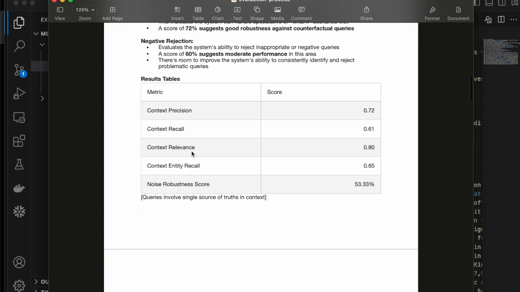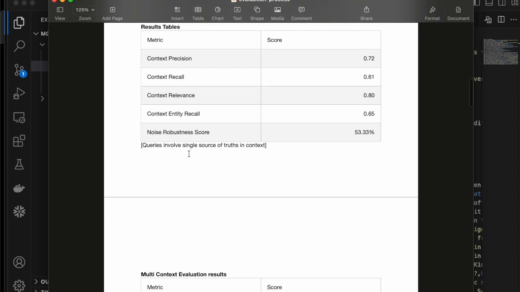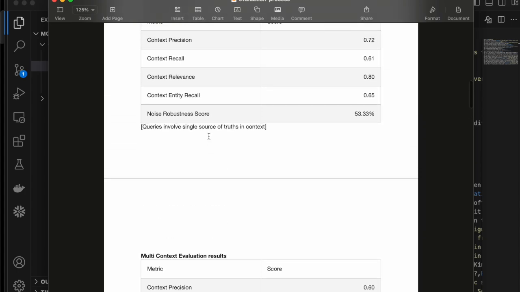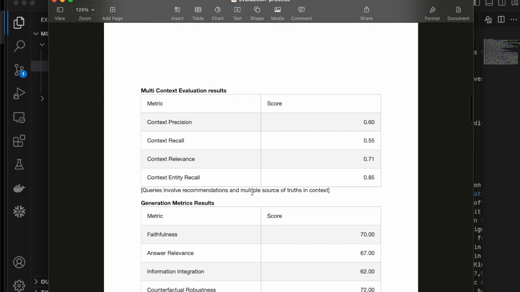So yeah, I have curated the results over this table that we have seen, like metrics, context precision, recall, relevance, and robustness scores as well. These are the different scores with a single source of truth in the context, where the query is related to one particular movie, and where the queries can give multiple recommendations.